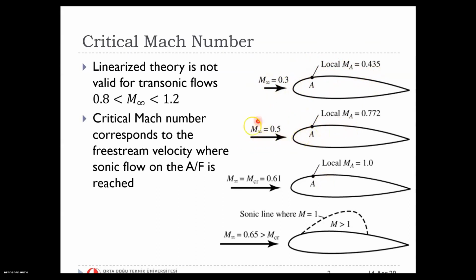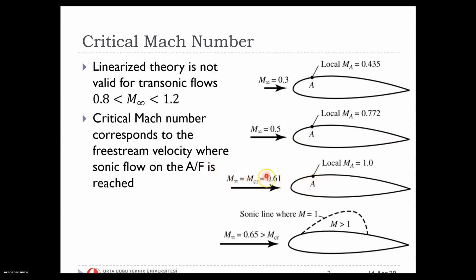For instance, at 0.5, we have a local Mach number of approximately 0.78, and now let's increase the Mach number a step further, such that we have 0.61 free stream Mach number, and at this Mach number we have Mach number 1, sonic speed, at the minimum pressure location.